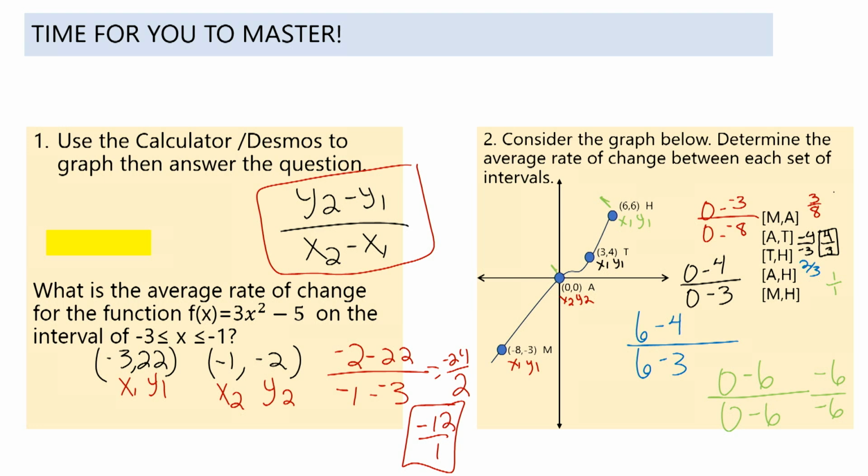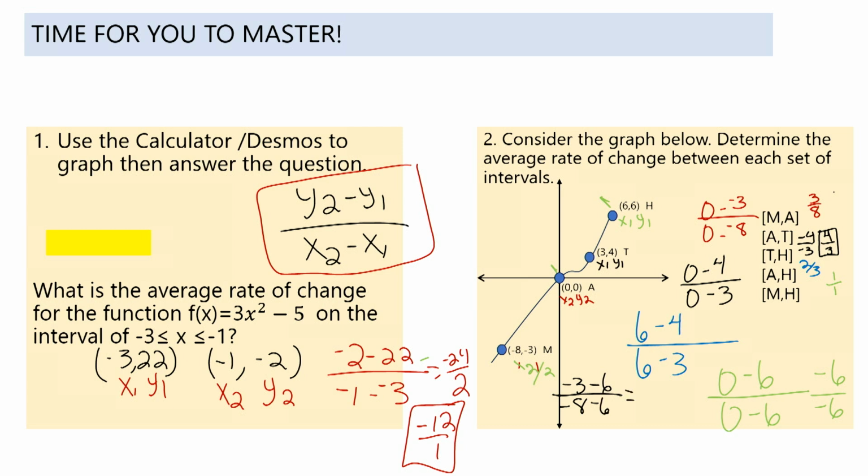Now, our last one is from M to H. So again, let's erase what we've put. And I'm going to have x2 and y2. And let's plug this into our problem. So I've got negative 3 minus 6 over negative 8 minus 6.